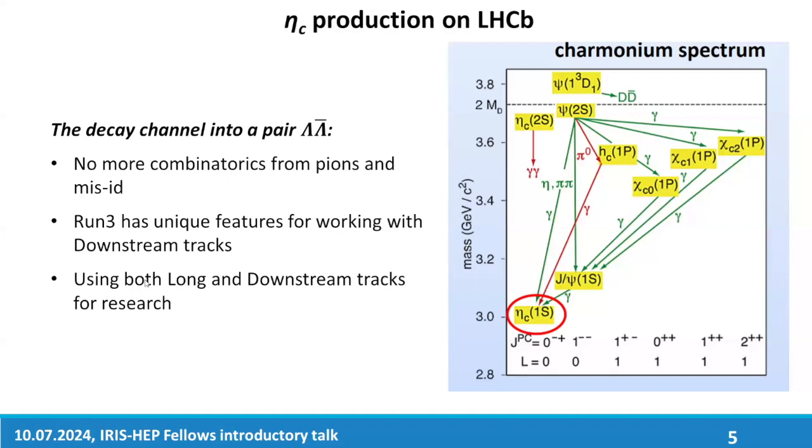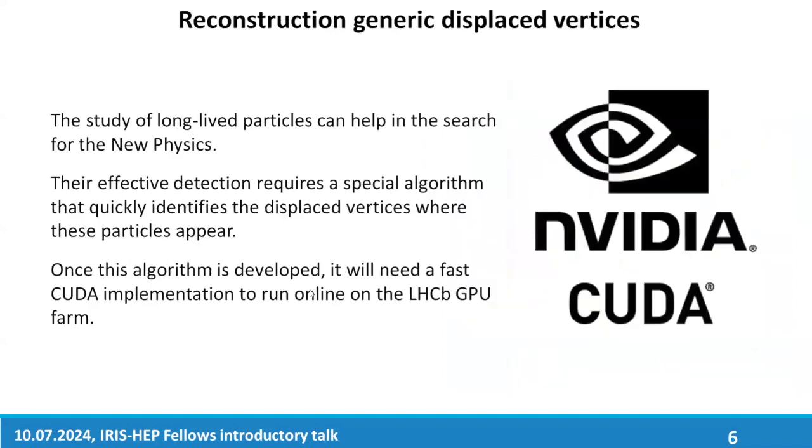Also, we can use both long and downstream tracks with their own characteristics to improve the final results. For example, long tracks have higher reconstruction accuracy, and for downstream tracks, we expect that they will provide us more statistics for research.